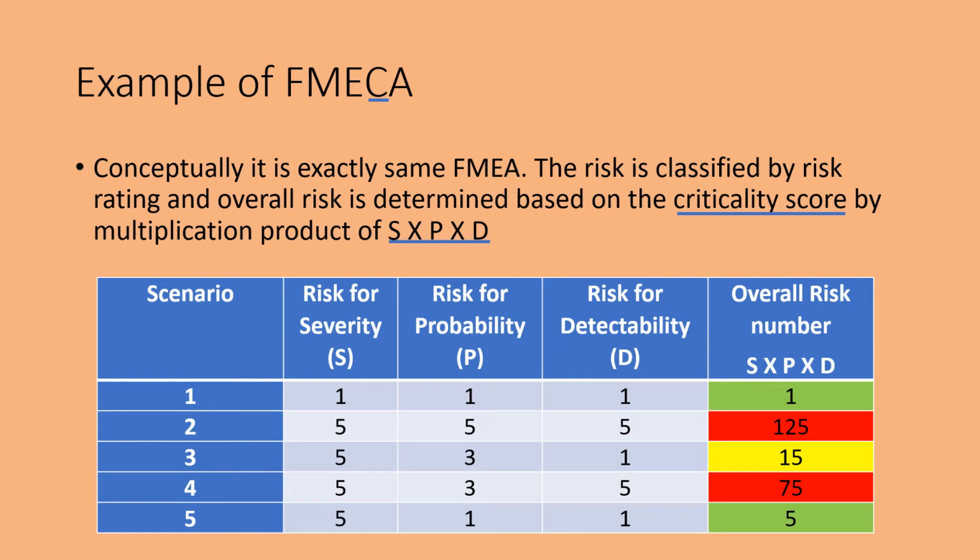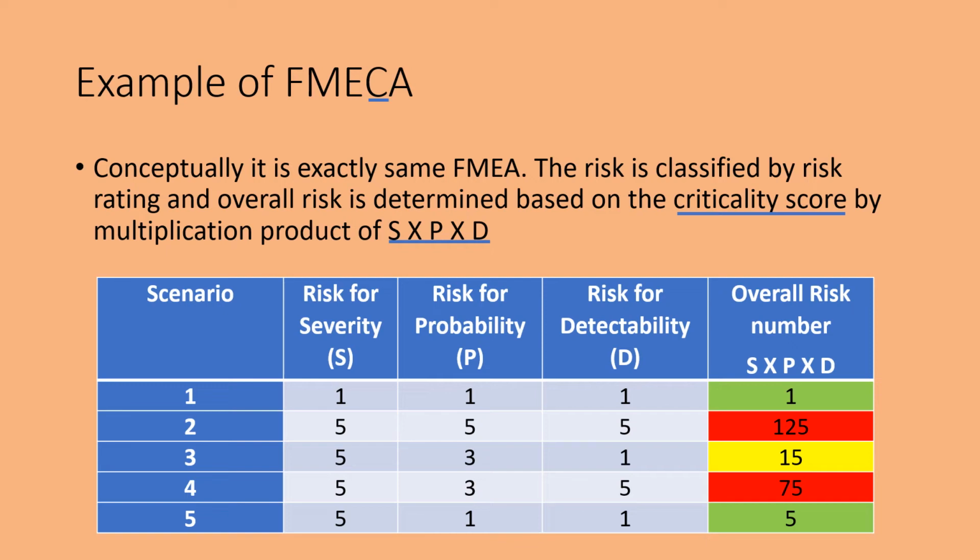Risk for severity is very high, that is the maximum number. Risk for probability is also the maximum number and risk for detectability is also the maximum number. So 5 into 5 into 5 is 125, that is high risk.